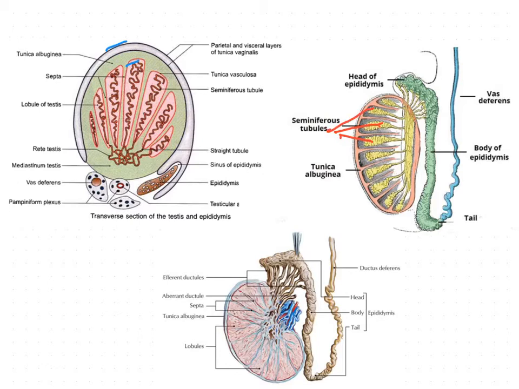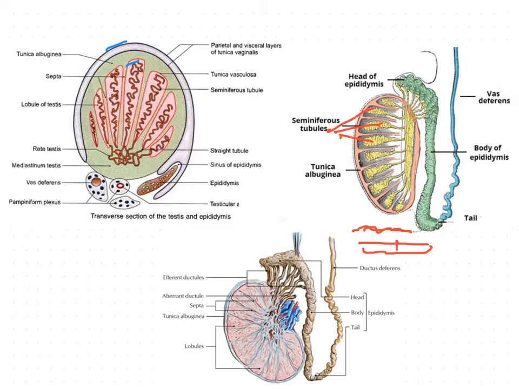Each seminiferous tubule is highly coiled on itself. If you stretch it out, each tubule measures about 60 centimeters in length and 0.2 millimeters in diameter.